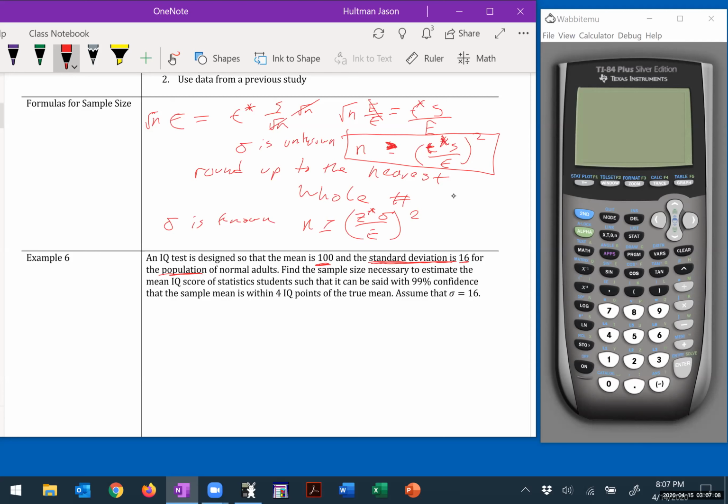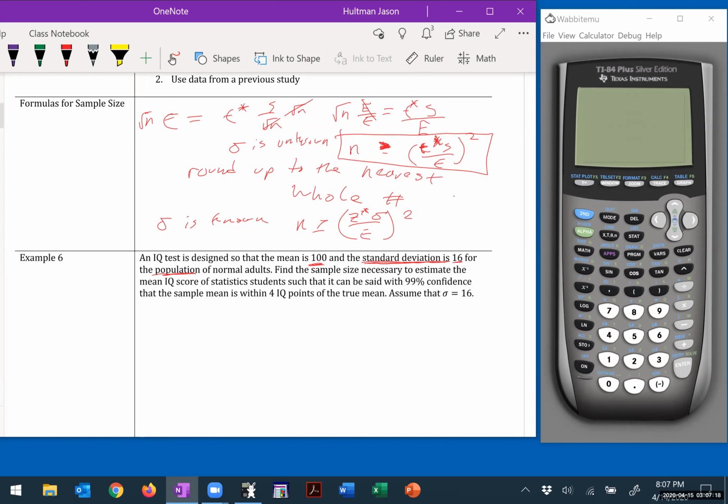So are we talking about a sample or the population? We're talking about the population of normal adults. So what is 100 going to be? It's going to be mu. Mu is 100. What is the standard deviation? Sigma here is 16.